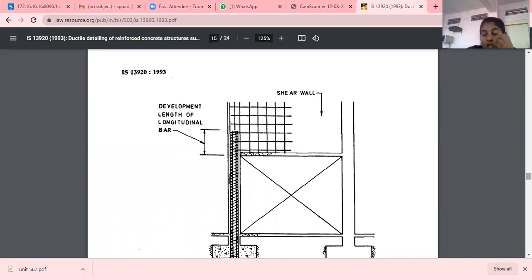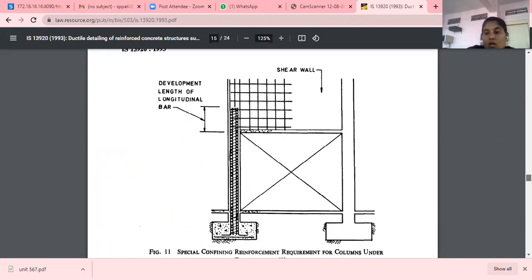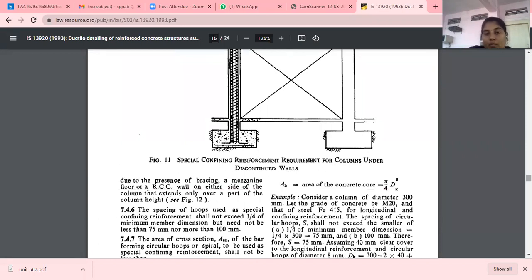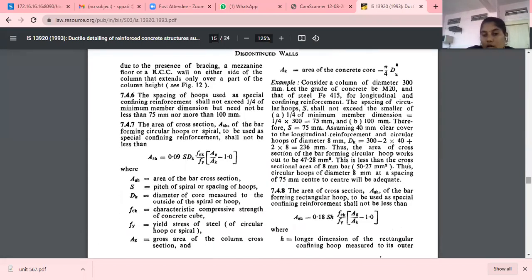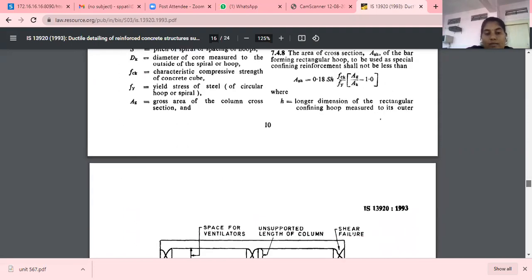Okay, so what is this development length? How much development length do we have to provide? What is it for the main bar? What is the main steel and the distribution steel? How much diameter do we have to provide for the main steel and the distribution steel? How to calculate this fck, how to calculate this Ast. Okay, all those parameters we have learned, here for achieving the ductile detailing of RCC structures.